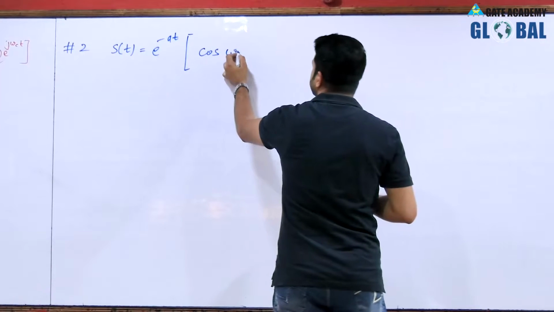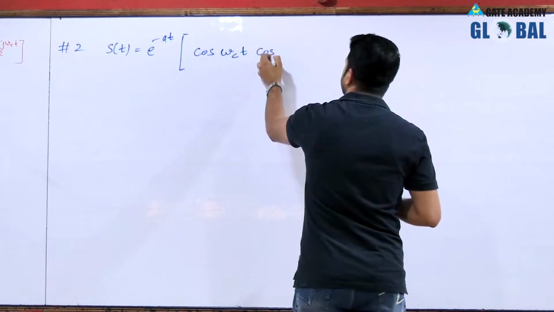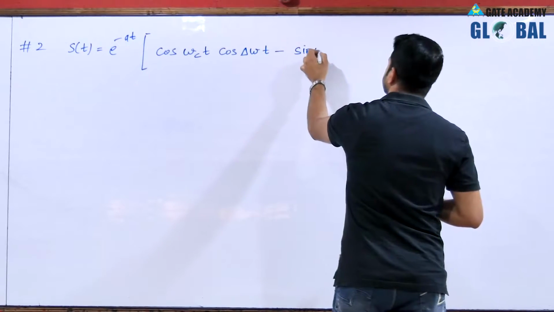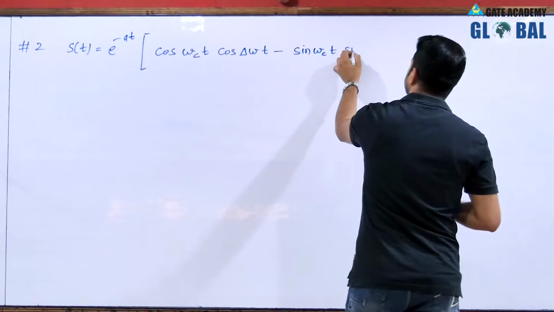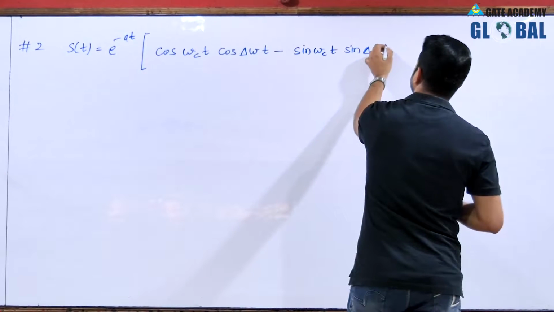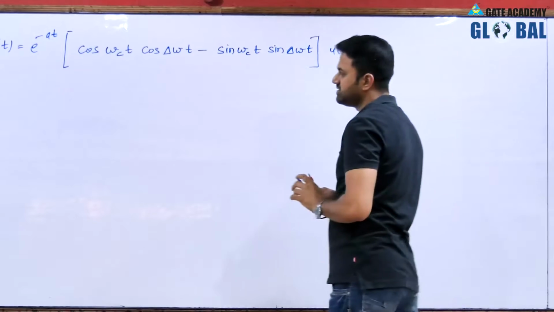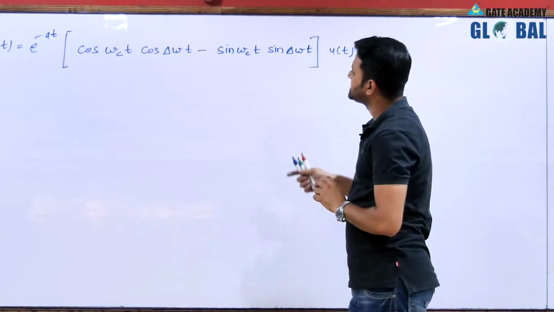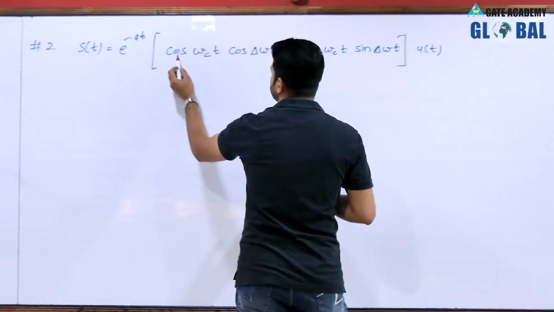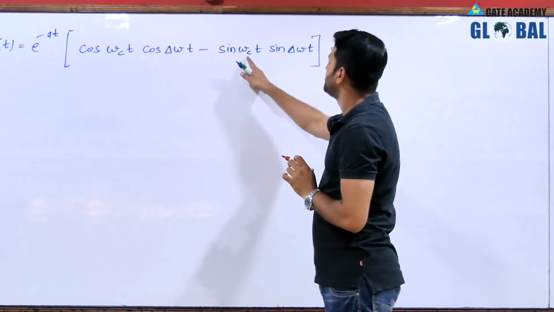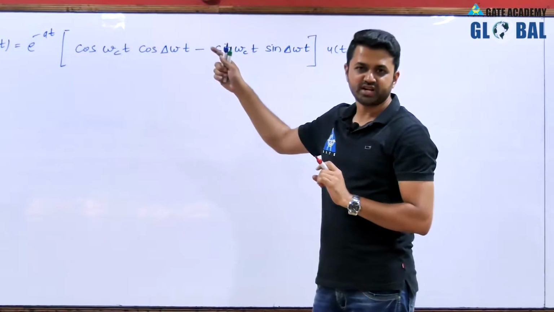cos a cos b minus sin a sin b, times u(t). From here we can see that this is a cosine term, which is our carrier term, and this is the sine omega c t term, which is our quadrature term.